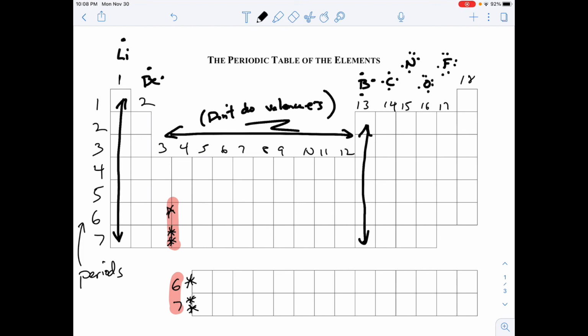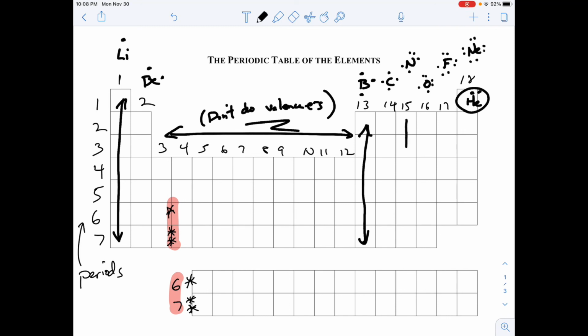And then everybody in the 18th has 1, 2. Well, I did it the wrong way there, didn't I? Because I have to go around the correct way. 8 valence electrons. The exception to that, of course, is helium. Helium can't have 8 valence electrons because helium only has 2 electrons to begin with. So this is the exception.